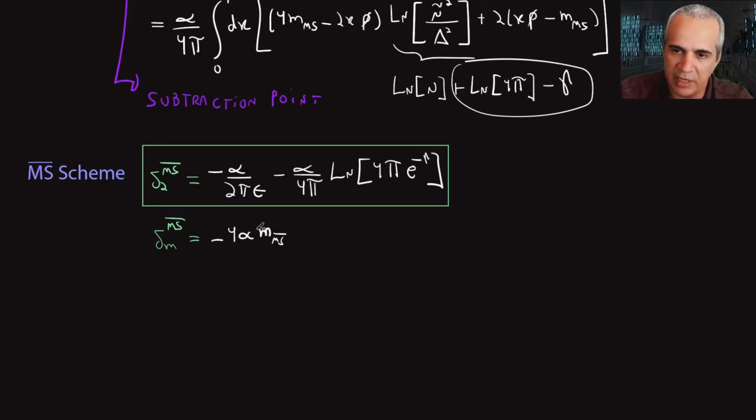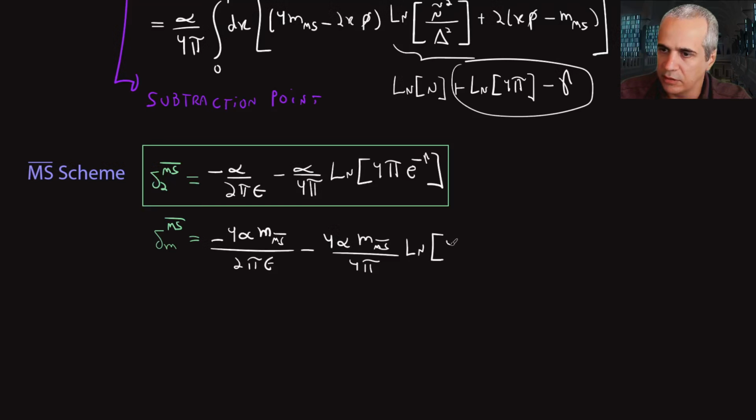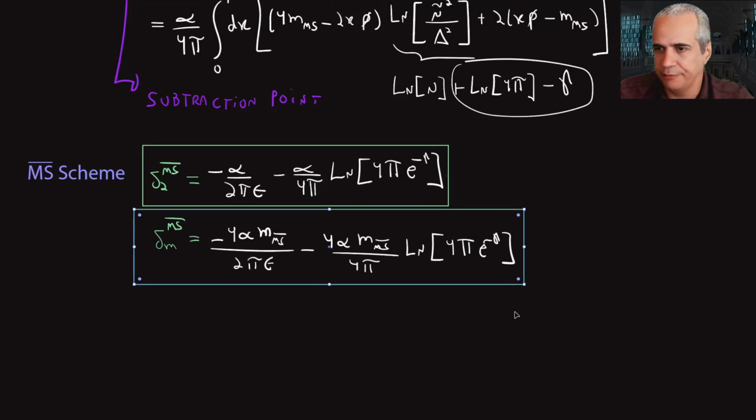So this is the MS bar mass now, 2 over epsilon minus 4 alpha m MS bar over 4 pi times again the log of 4 pi e to the minus gamma, right? So that's another scheme, but it's very similar. Qualitatively, it's the same thing I did before.